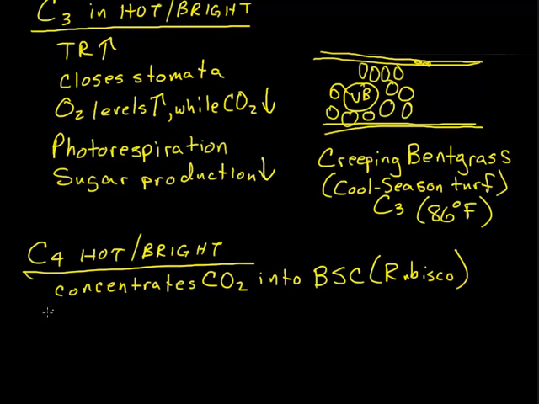So, this is an important point here. C4 plants have virtually no photorespiration occurring, and it's due to the C4 cycle and Kranz anatomy. And so they keep right on trucking, so to speak, making sugars.